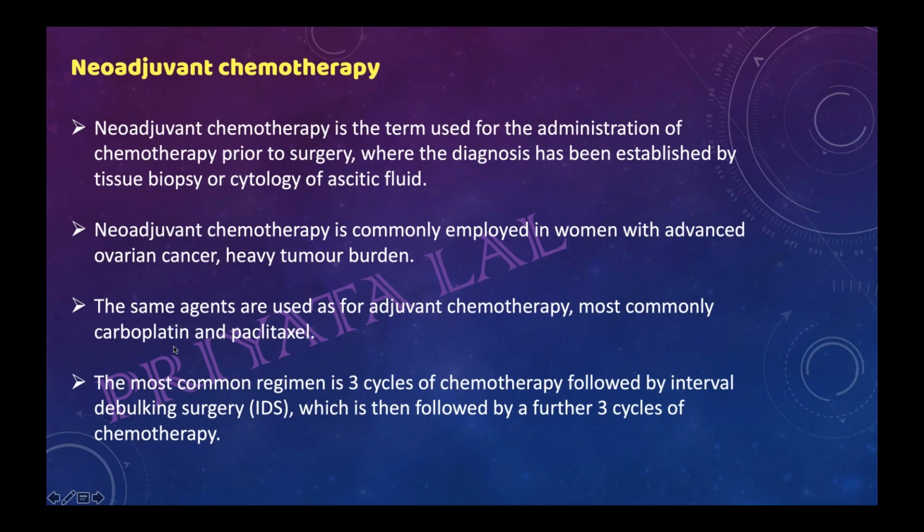Usually these are carboplatin and paclitaxel. Most common regimen is 3 cycles of neoadjuvant chemotherapy, followed by interval debulking surgery, and after that followed by 3 cycles of chemotherapy. So this is from the strategy.